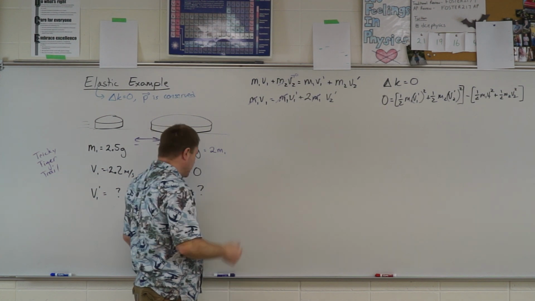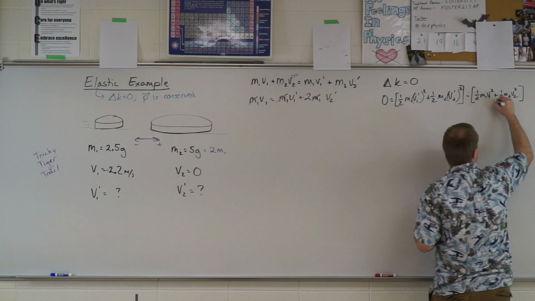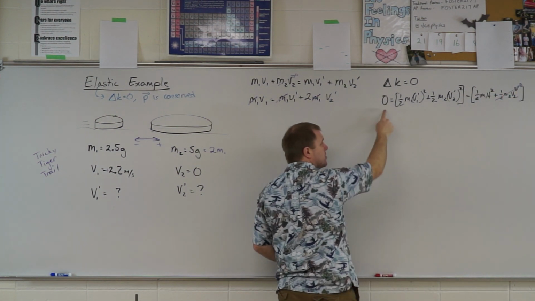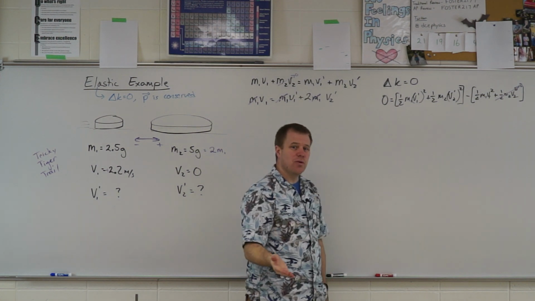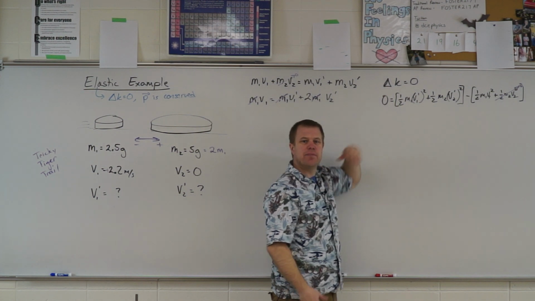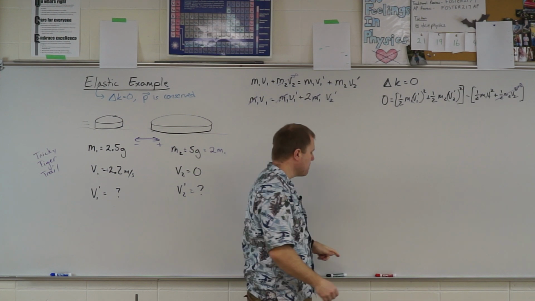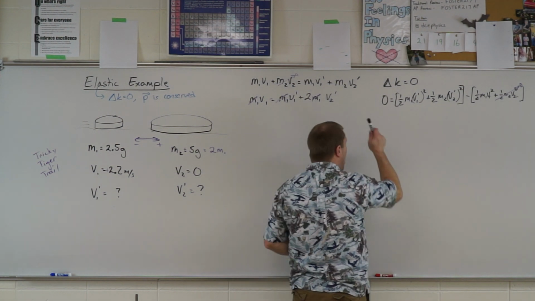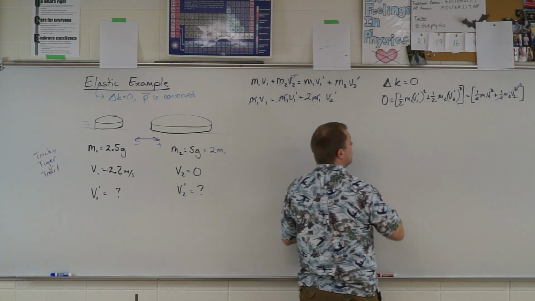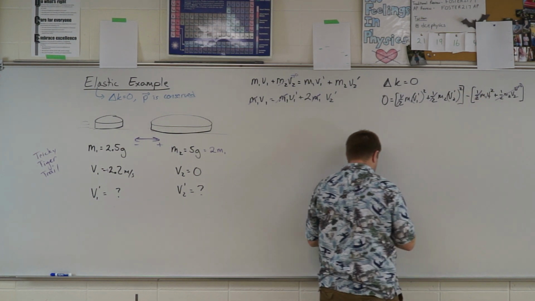Okay. And I can do the same thing over here in my kinetic energy. I cross out any term that is going to be 0, so the initial velocity of 2 is 0. This equation for kinetic energy is on your equation sheet. It just says delta K equals this, but in this case, remember delta K is 0 in these elastic collisions, so I just put a 0 there. Because it is 0, all the terms have a 1/2, so I can cancel out those 1/2s.